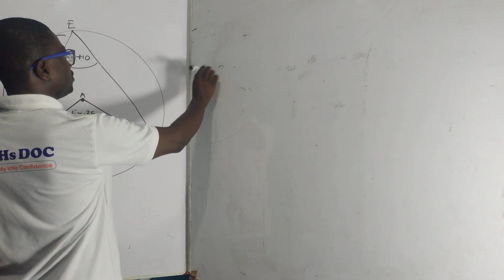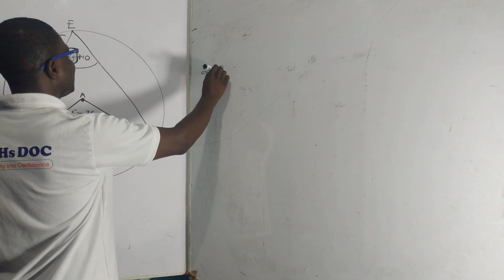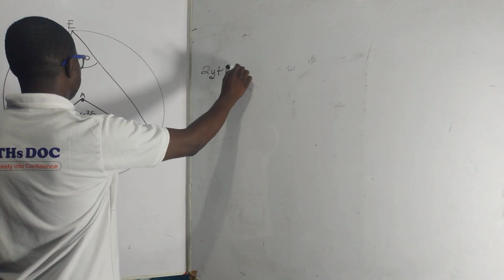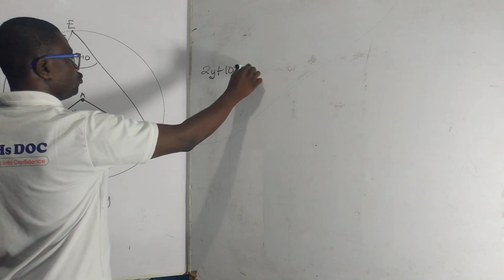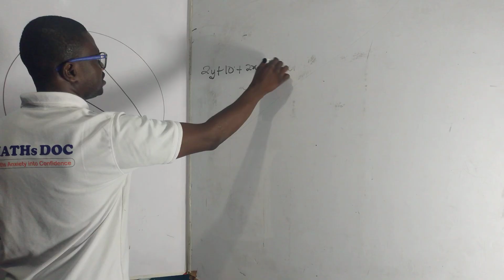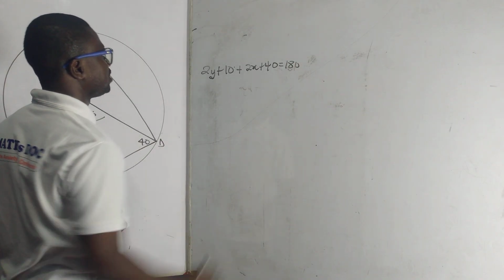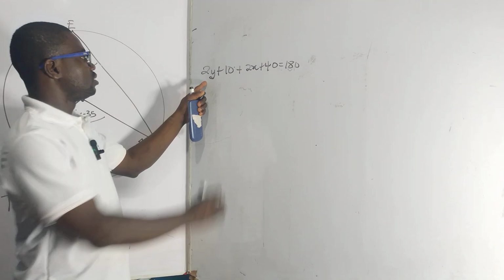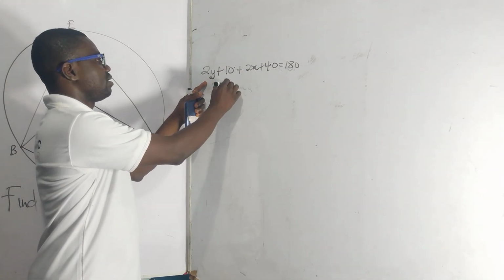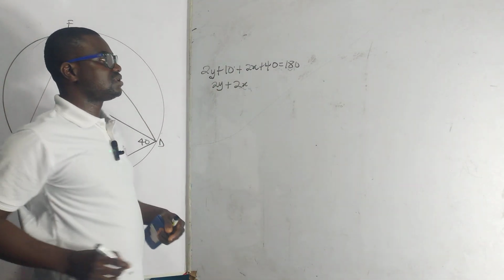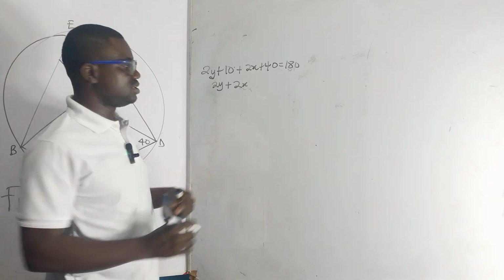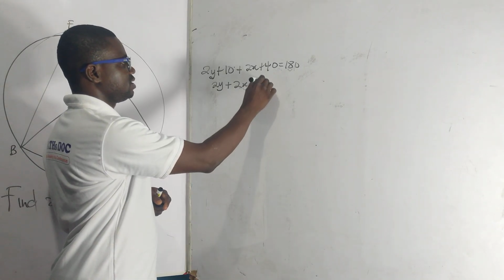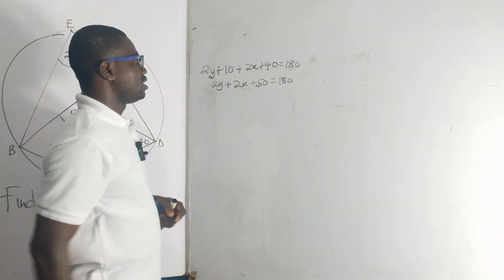So we have 2y plus 10 plus 2x plus 40 is equal to 180. So let's quickly simplify this expression. We have 2y plus 2x, then 10 plus 40 will give you 50, is equal to 180.